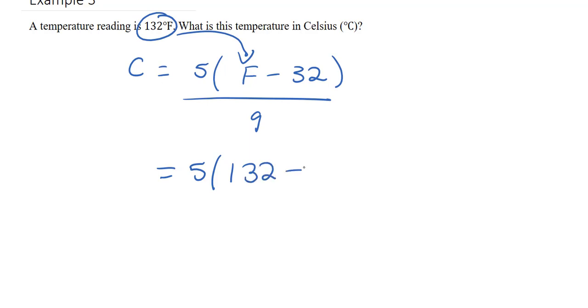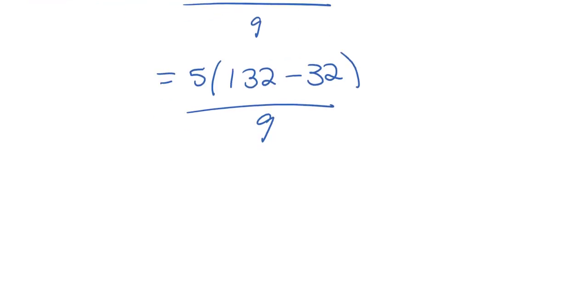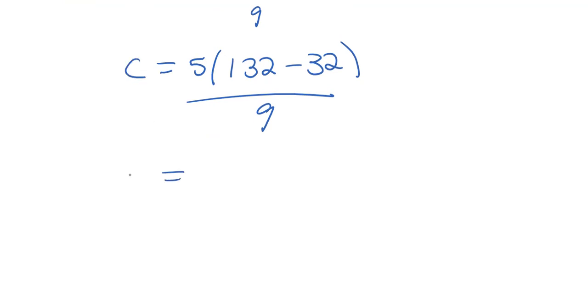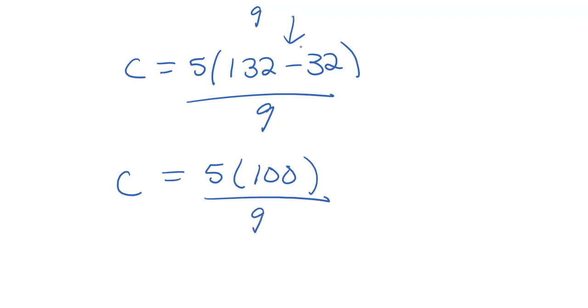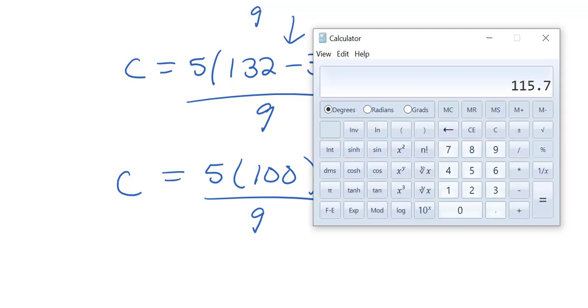So we have 132 minus 32. So what does that become? This is Celsius. Well, 132 minus 32, as we do what's inside the parentheses first, would be 100 degrees. We're going to multiply that by 5 and then divide by 9.